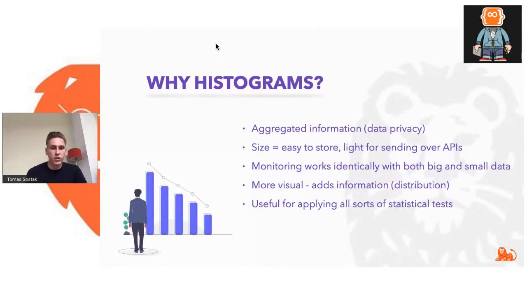You can just observe the distribution, and it gives you a lot of information immediately. If you were looking just at raw data in a table, it would be difficult to notice any obvious patterns. And also, as could be seen from before, it's very useful for applying all sorts of statistical tests.